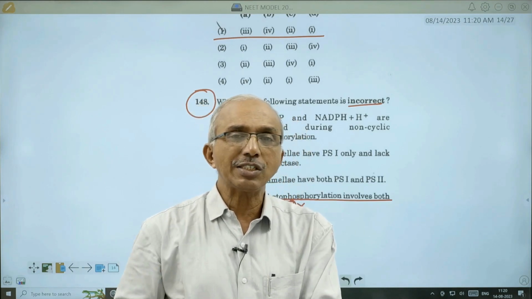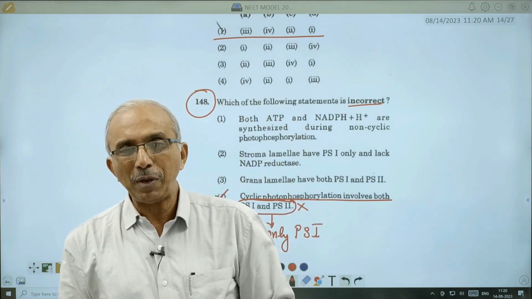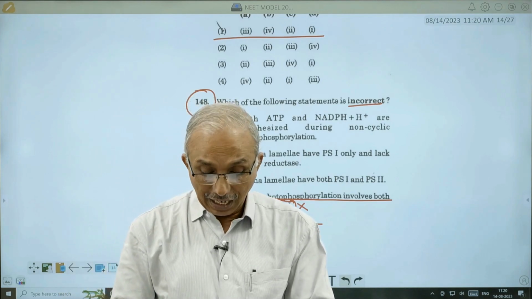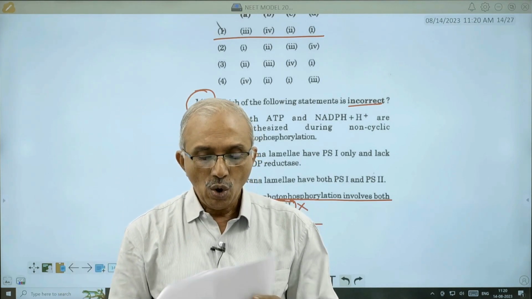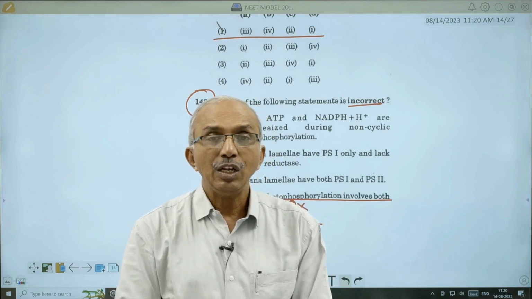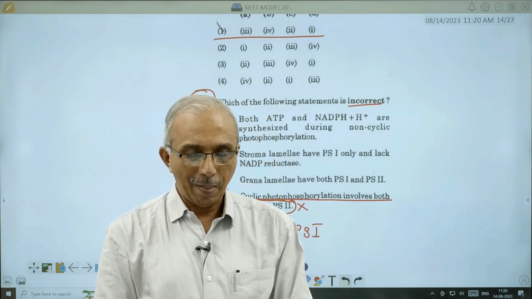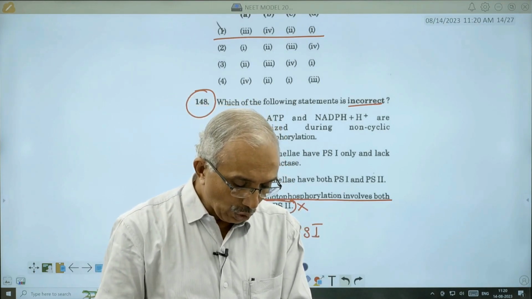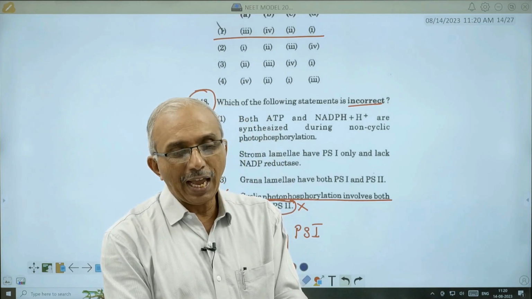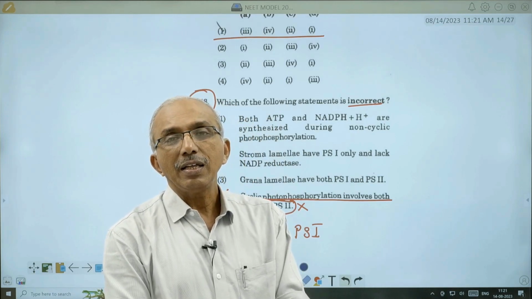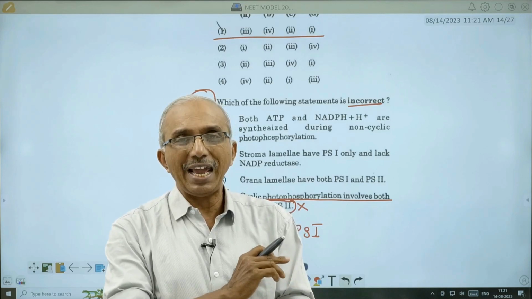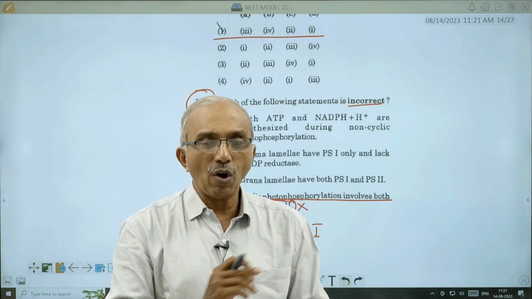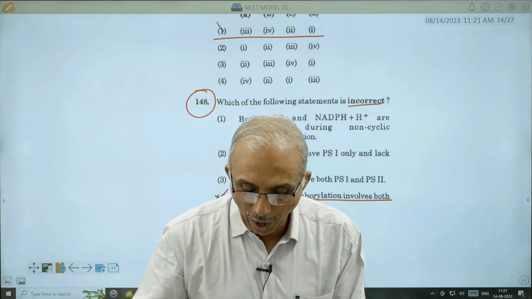There you can see PS1 and PS2. But cyclic photophosphorylation occurs in the stroma lamellae, and there is only the involvement of PS1.